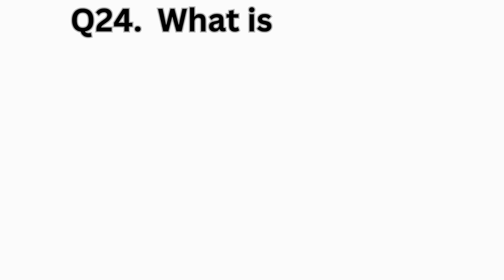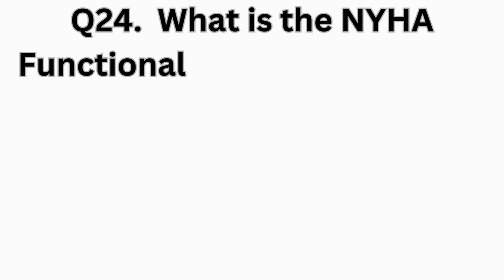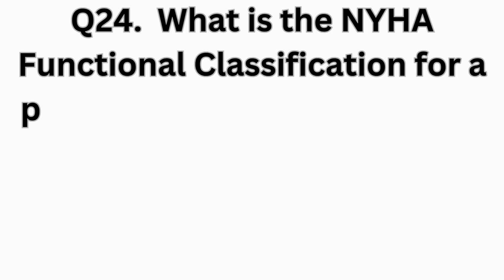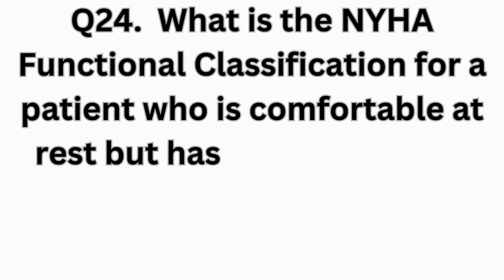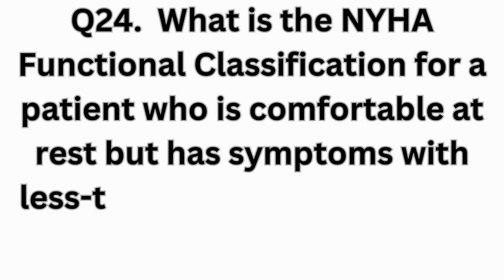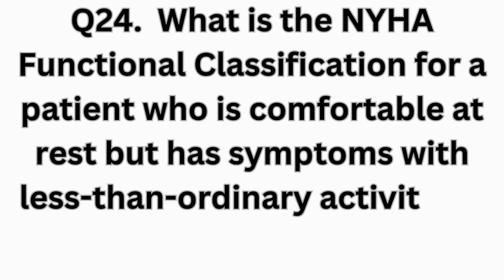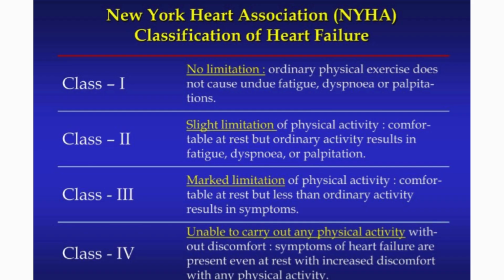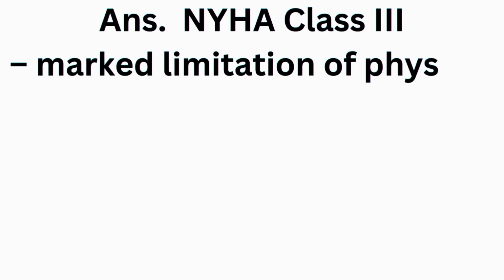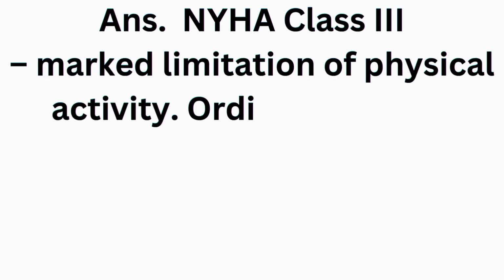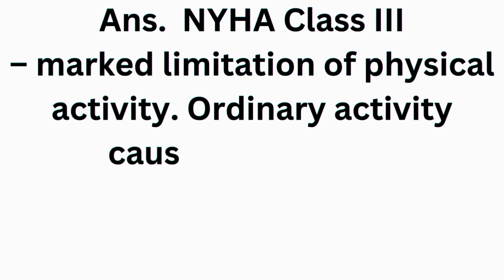Question 24. What is the NYHA functional classification for a patient who is comfortable at rest but has symptoms with less than ordinary activity? NYHA means New York Heart Association. Your answer now. So a patient who is comfortable at rest but experiences symptoms like fatigue, shortness of breath, or palpitations with less than ordinary activity is classified as NYHA class 3.